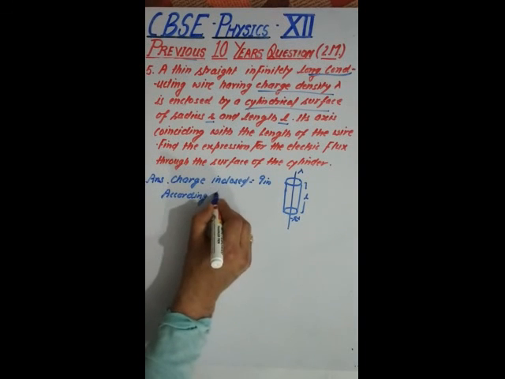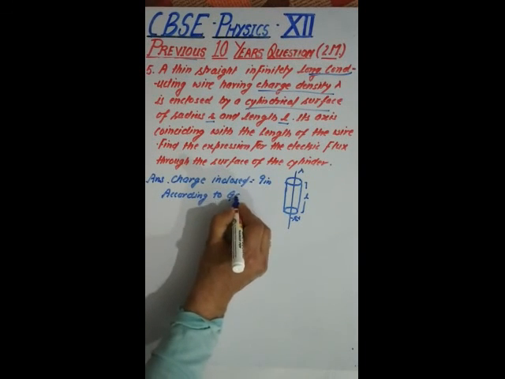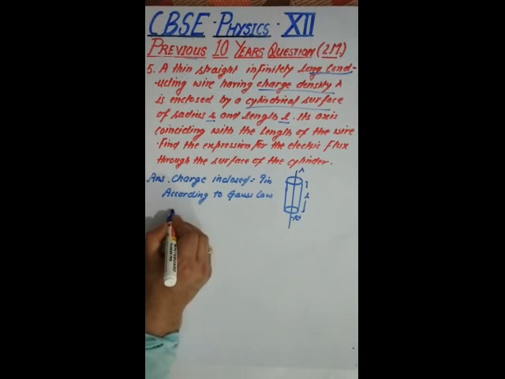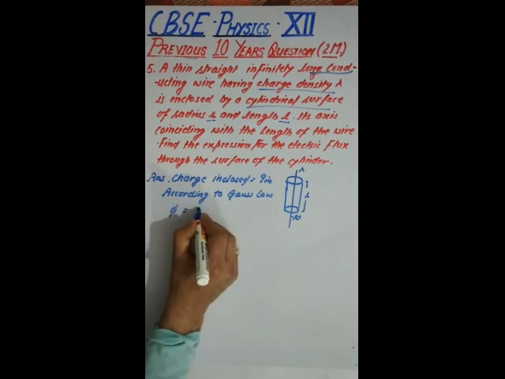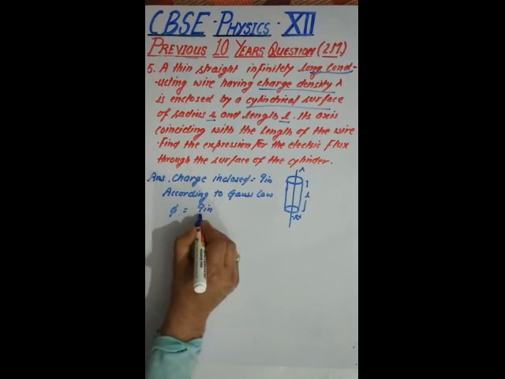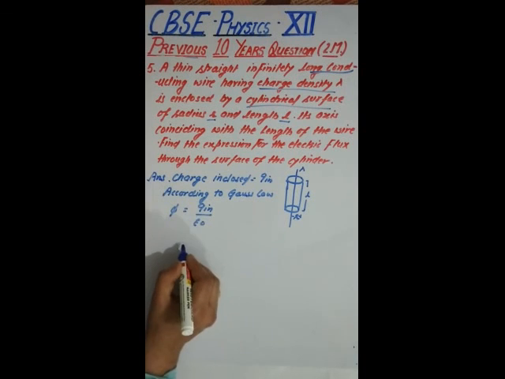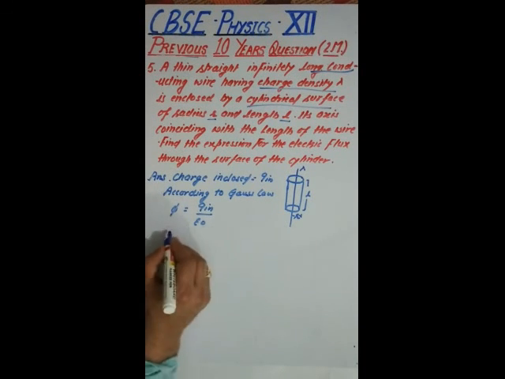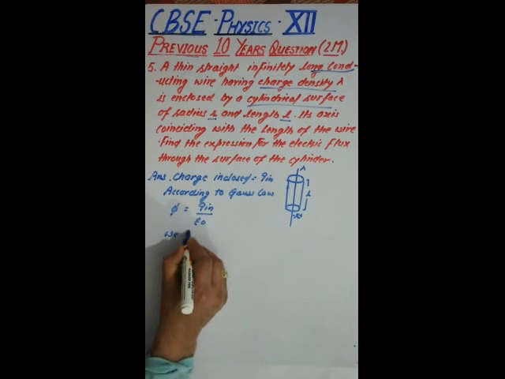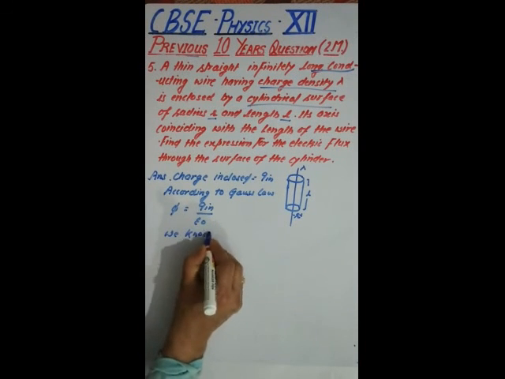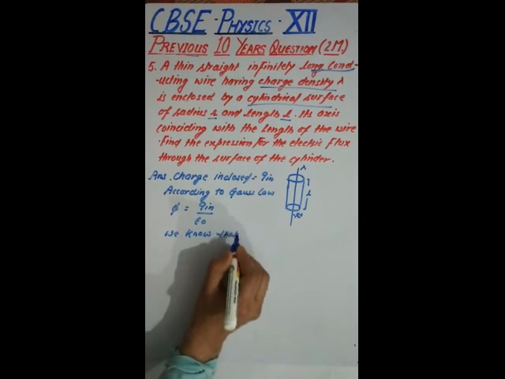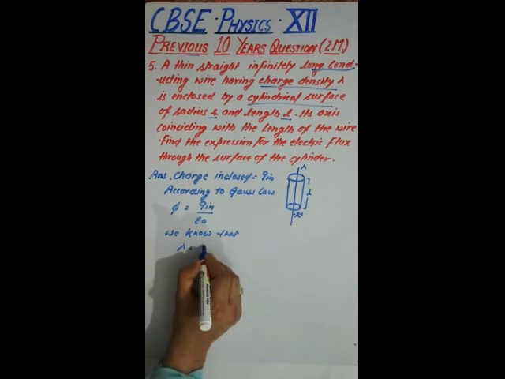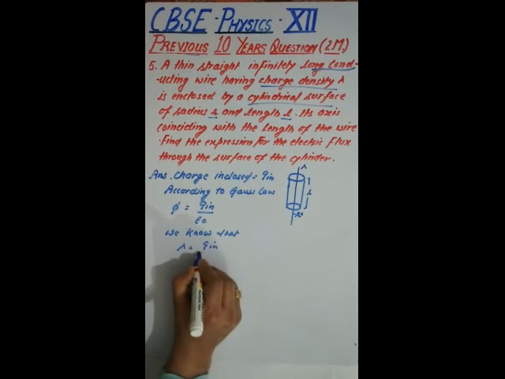Gauss law: flux equals charge enclosed upon epsilon naught. Again, we know that charge density lambda equals charge enclosed upon length.